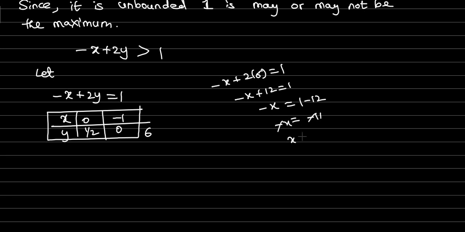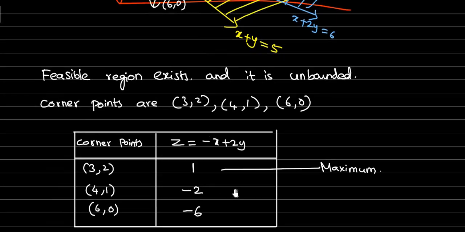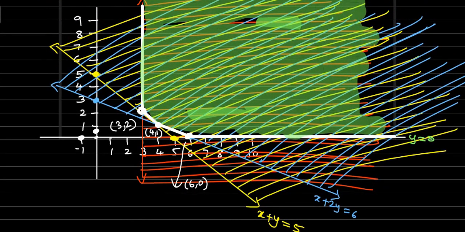So x will be positive 11. So 11 comma 6, let's consider the point 11 comma 6, somewhere here. Now let's connect all the points.